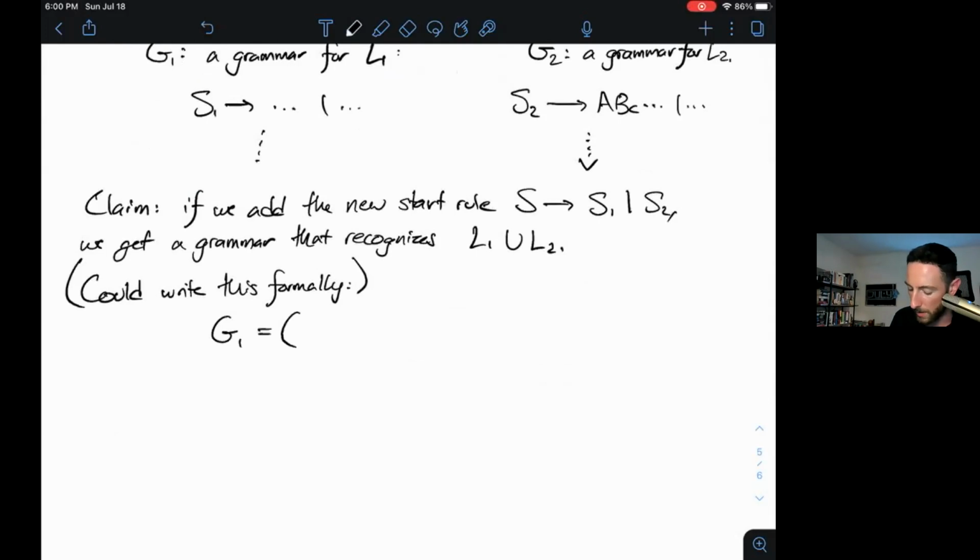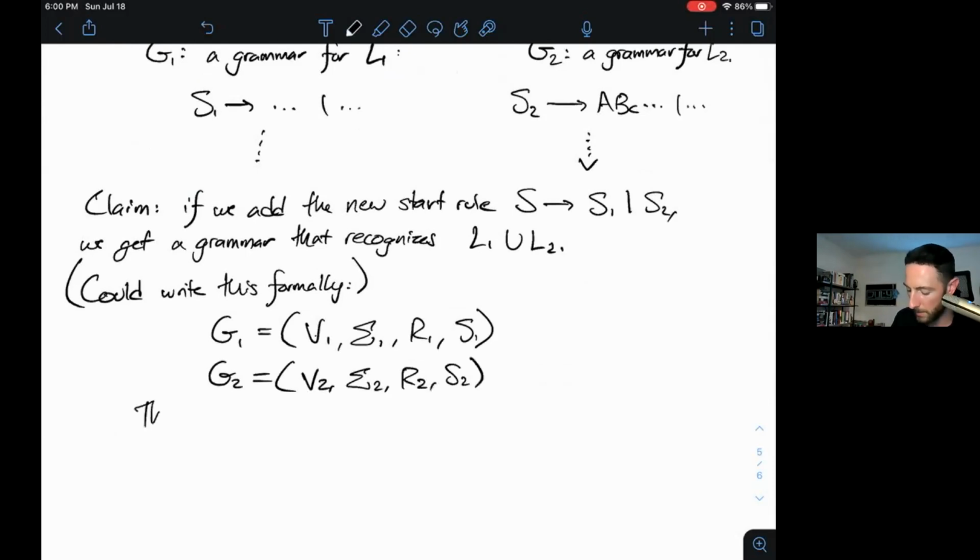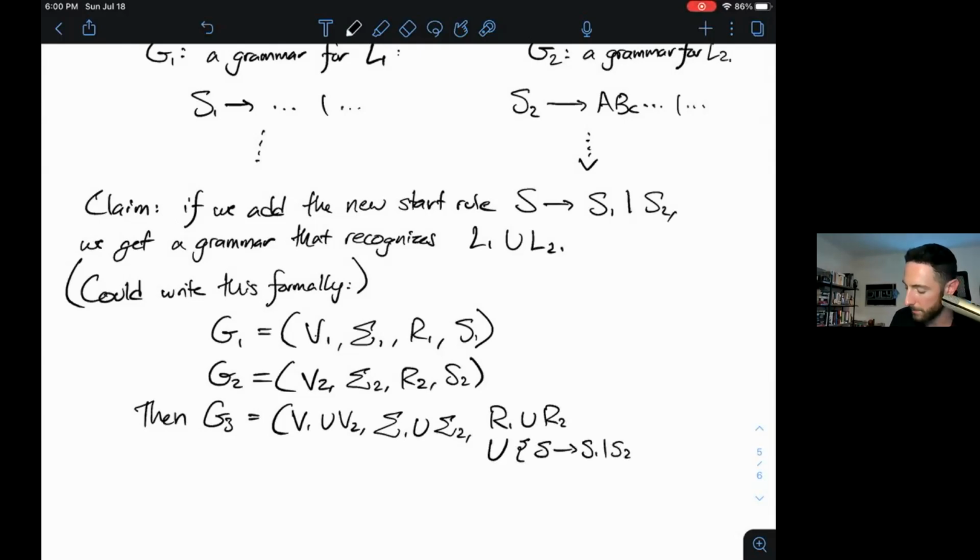If I had G1 equal to V1, sigma 1, R1, and a start symbol S1, and G2 equal to V2, sigma 2, R2, S2, then G3 is the union of the variable sets, the union of the terminal sets, the union of the rule sets, plus my new rule, that is S to S1 or S2.